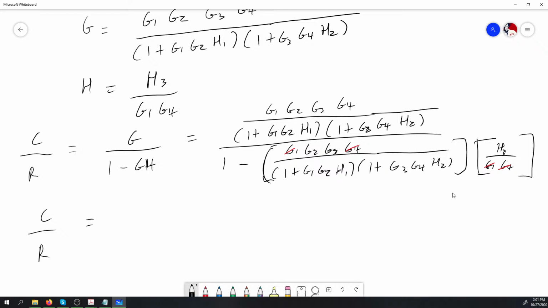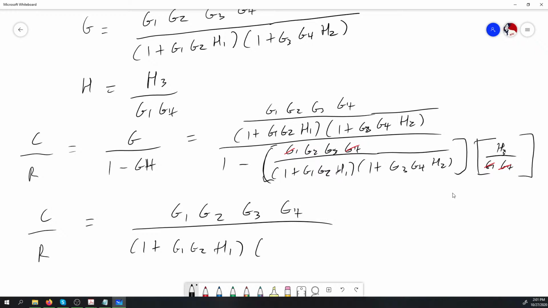That means our numerator becomes G1, G2, G3, G4, all divided by 1 plus G1, G2, H1 plus G3, G4, H2 minus G2, G3, and so on.